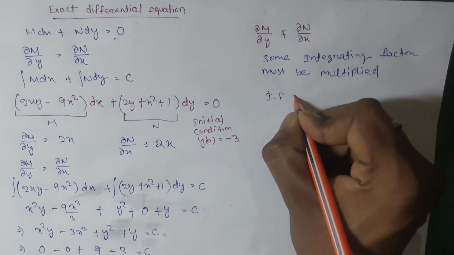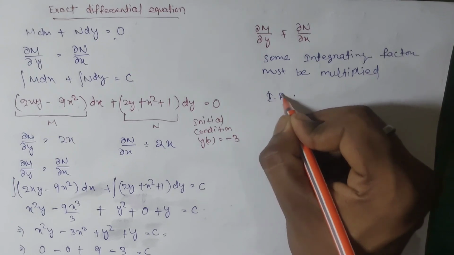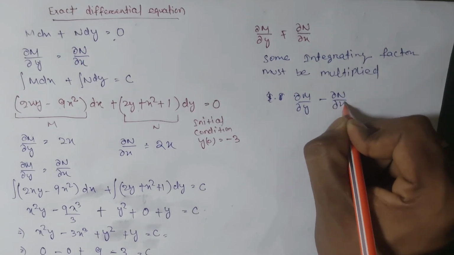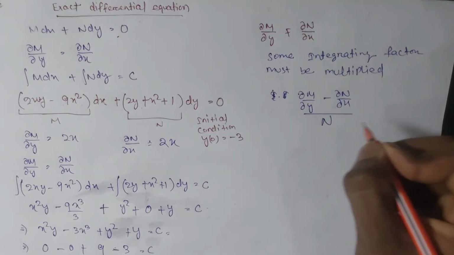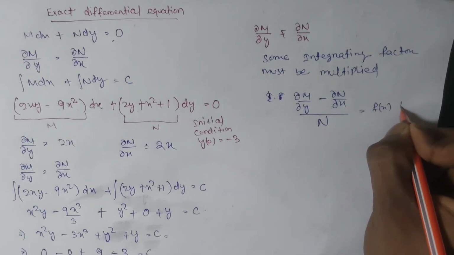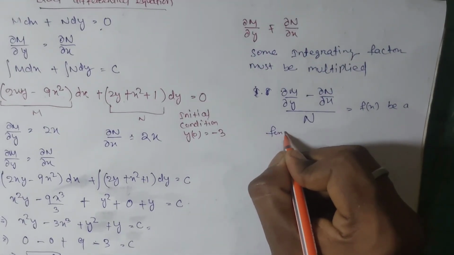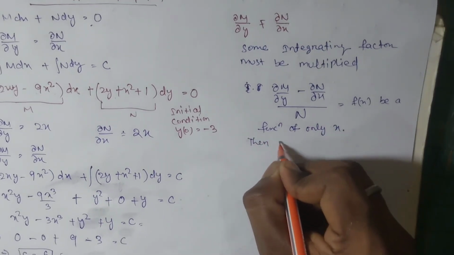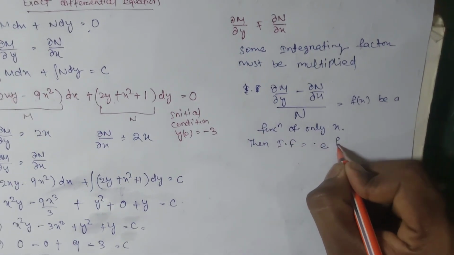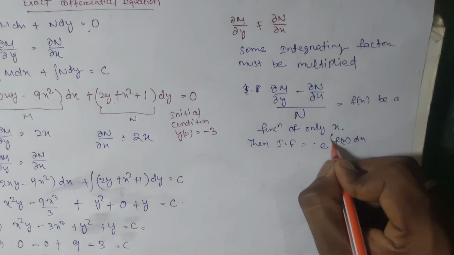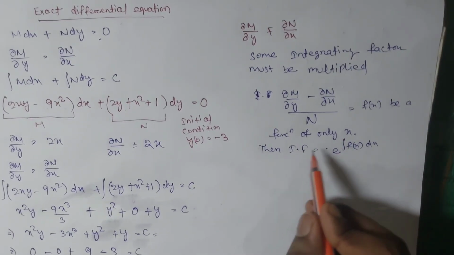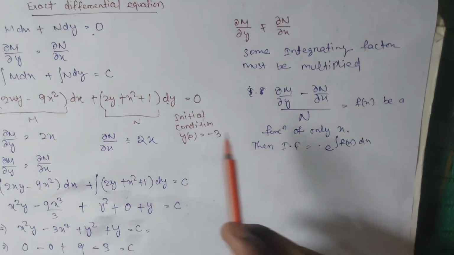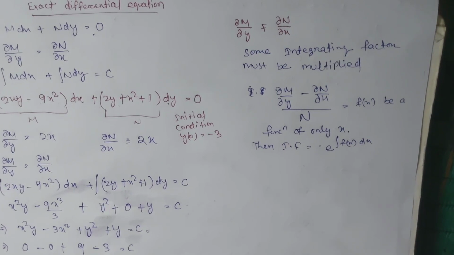Let's take: if (∂M/∂y minus ∂N/∂x) by N equals f(x), a function of x only, then the integrating factor becomes e to the power integral of f(x) dx, and whatever the integrating factor is, it must be multiplied with the given differential equation, and then the equation becomes an exact differential equation.